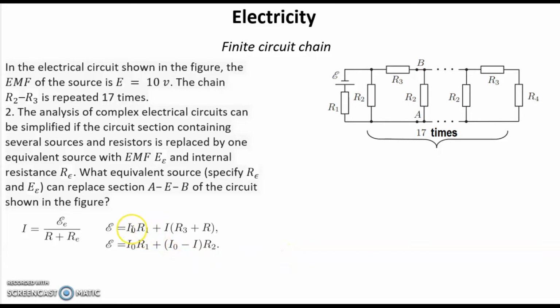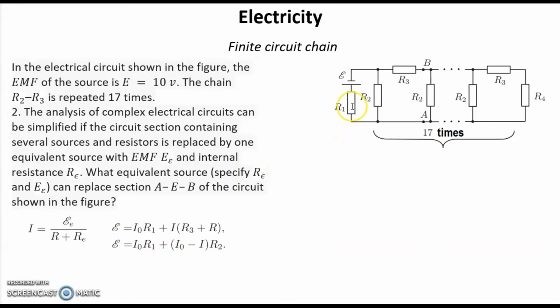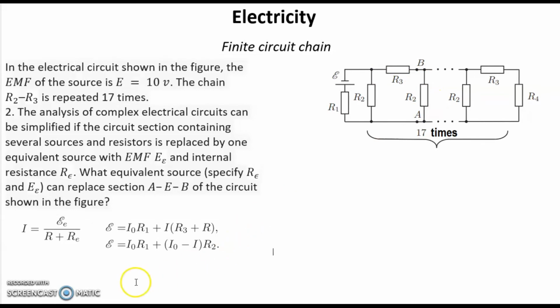So one is current I0 through R1, and after that current I through resistor R3 and R. And second, we have current I0 through R1 and current I0 minus I through R2.